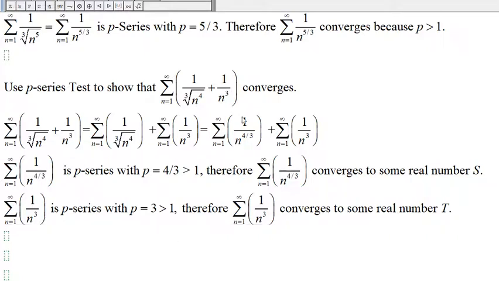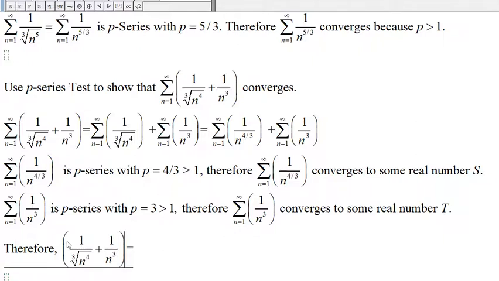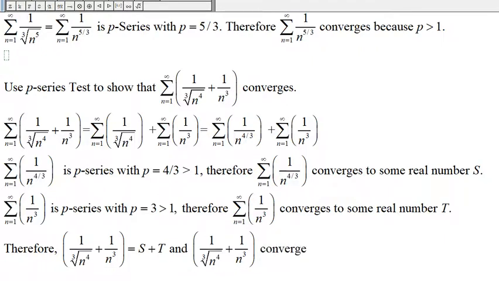So this series converges, and so this series right here is equal to S plus T, and converges.